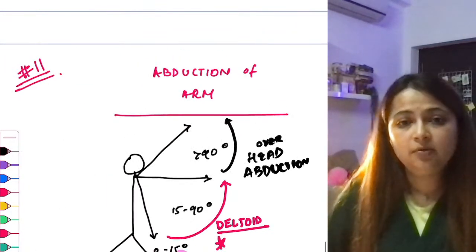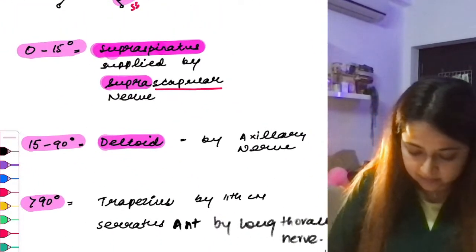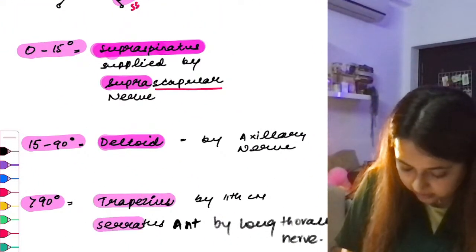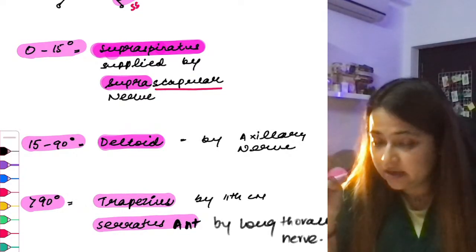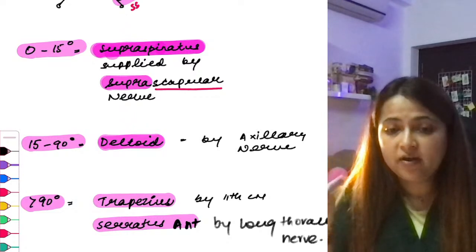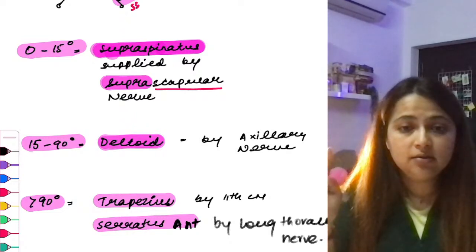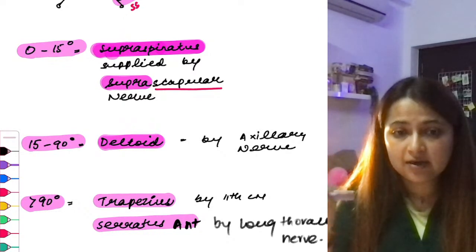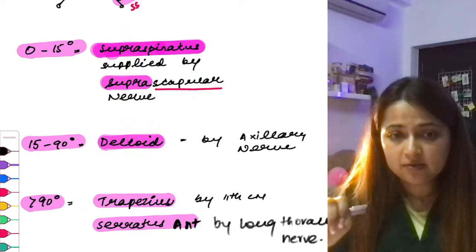And who is responsible for overhead abduction? Your answer to this question is trapezius as well as serratus anterior. So there are two muscles that are helping in the overhead abduction. What are those two muscles? Number one is the trapezius, number two is serratus anterior. The next question, who is innervating trapezius?